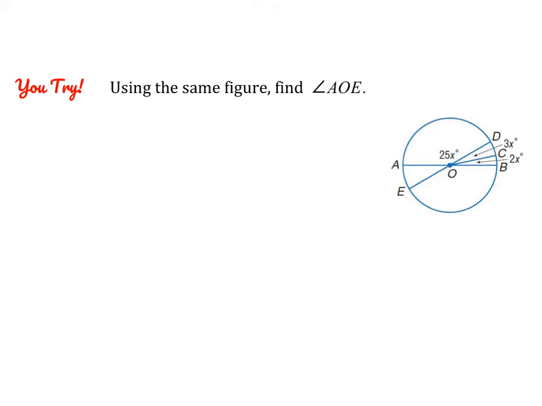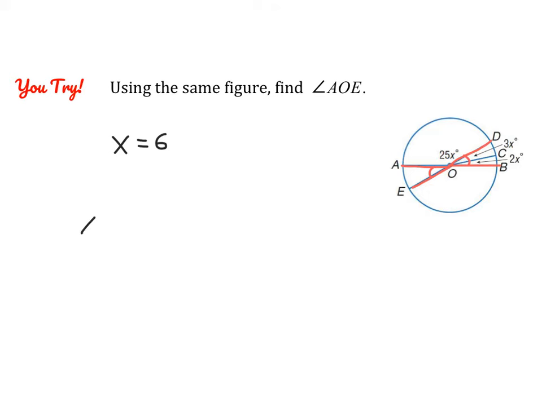Okay, let's look at the information that we have here. We know that we are trying to find, let me trace it out, AOE, this angle. Well, we also know that this angle and this angle put together, those are vertical angles, so they should be congruent. So we already solved for x in that last problem. We know that x equals 6. So I know that if I add up these two angles right here, the sum of these two should equal this.